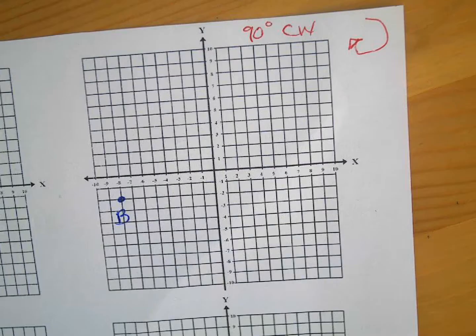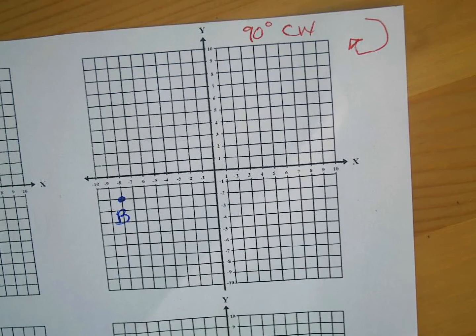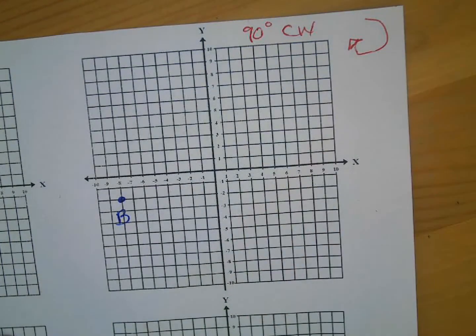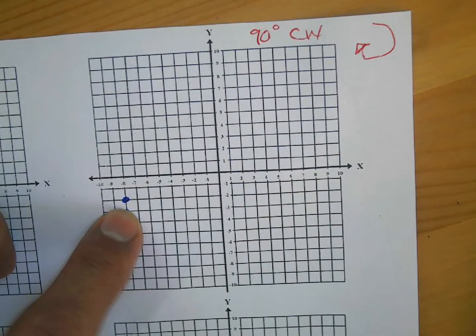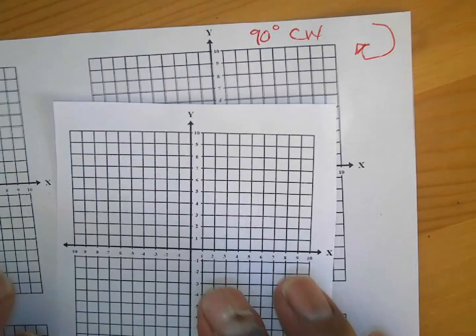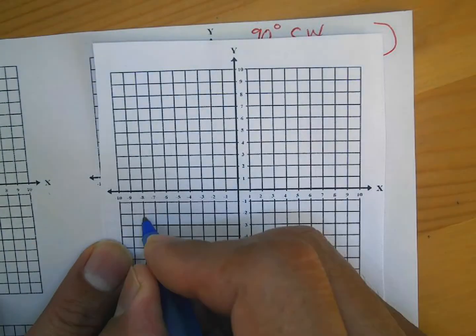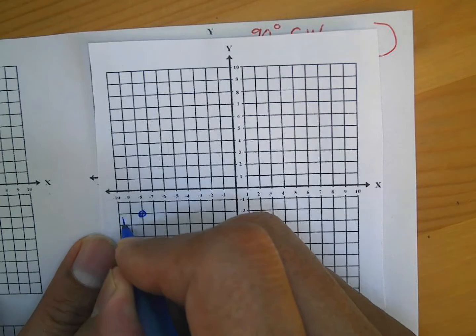But again, it's going to be a little tough to follow, so that's why I use another one of these. And then I put it there at -8, -2. There's point B.